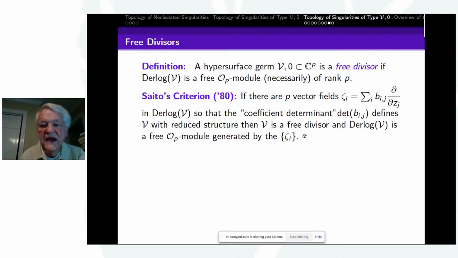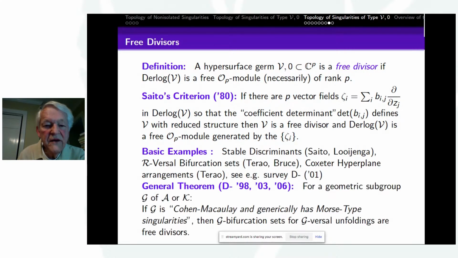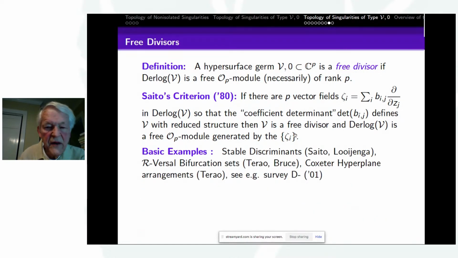And this turns out to be extremely useful in working with the tangent spaces to the equivalence groups. So let me go back here.